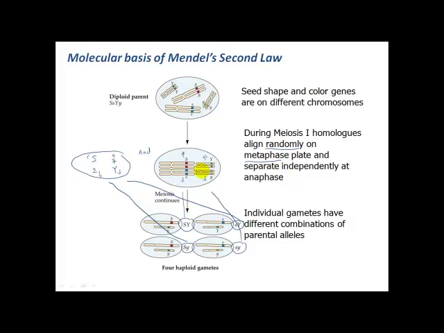And we have to recognize that there are two possible ways for each homolog pair or tetrad to align, right? Two possible orientations for each one. And so that's where we get our second law. There's nothing that says dominant allele has to go the same way as recessive allele. They're equally likely to go opposite directions in that first meiotic division, which is going to give us different gamete types. So we get 4 potential types of haploid gametes, and that's what gave us our classic 9:3:3:1 phenotype ratio in our progeny.